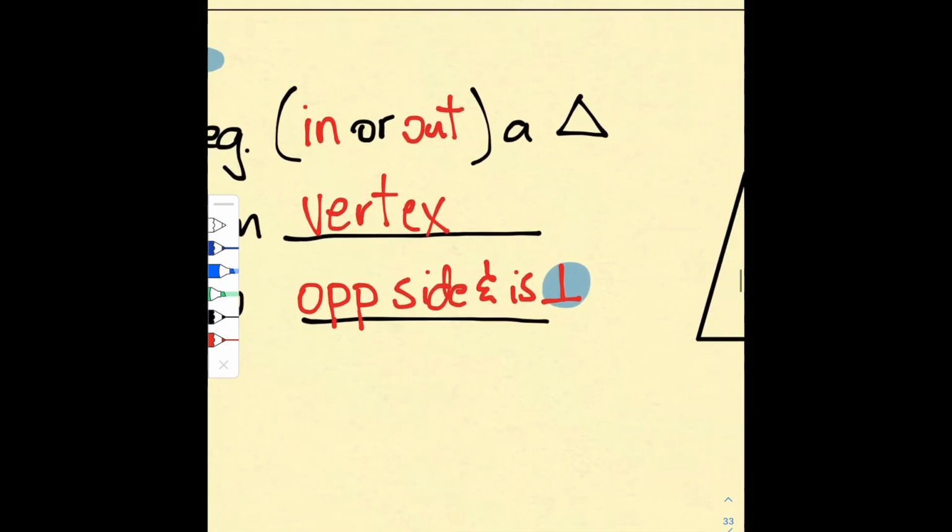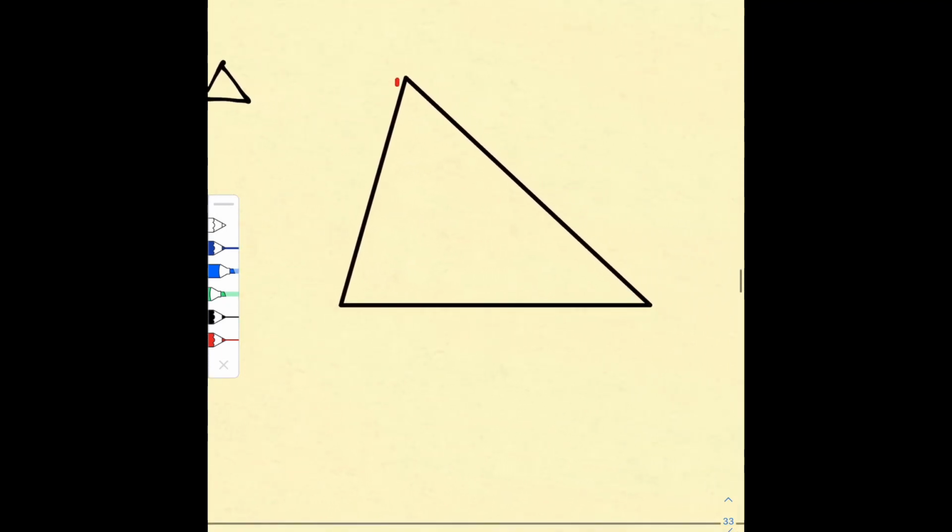Make sure that you get that perpendicular thing in there. It's important. All right? So let's draw some altitudes in this one. All right, here we go. So there's my vertex. And now I'm going to draw a perpendicular line. That looks pretty good.